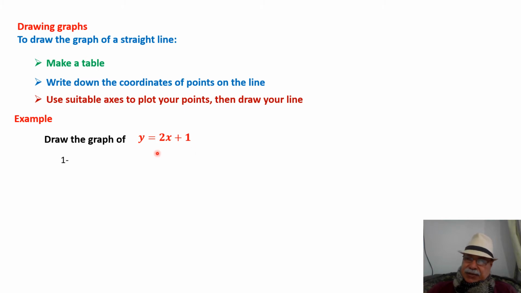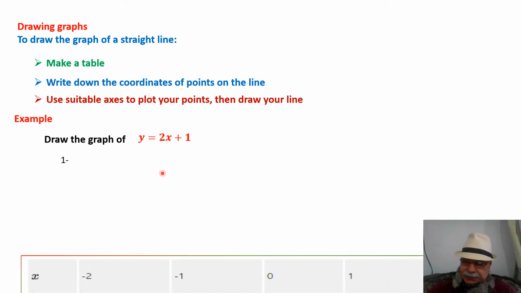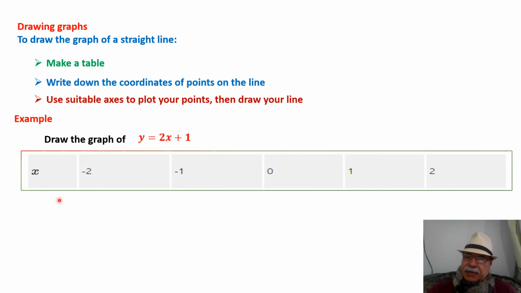The general equation for the straight line is y equal mx plus c. In order to do this, I first want to make the table. In this table, x equals minus 2, minus 1, 0, 1, 2.